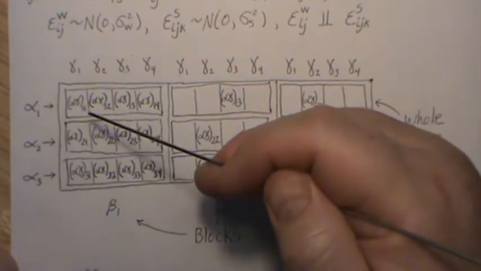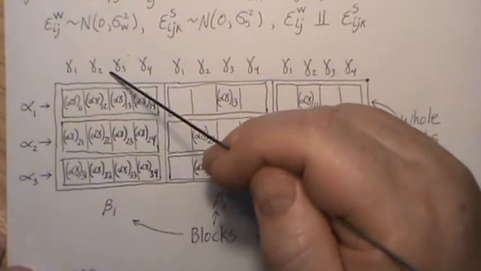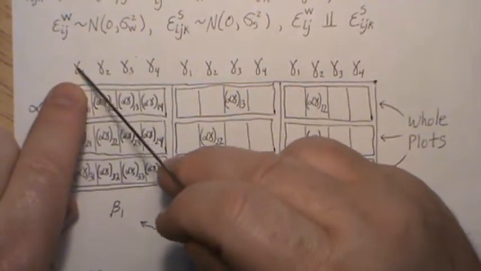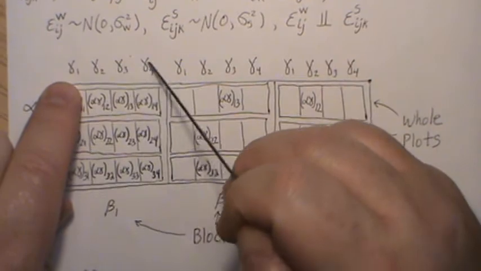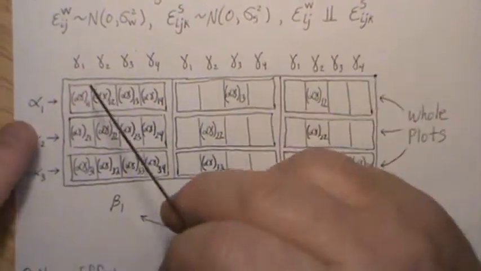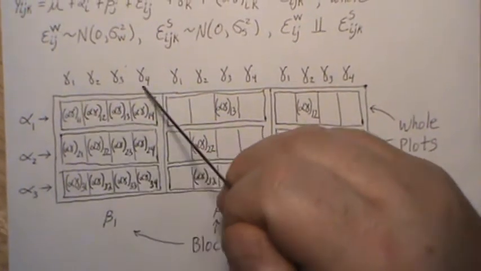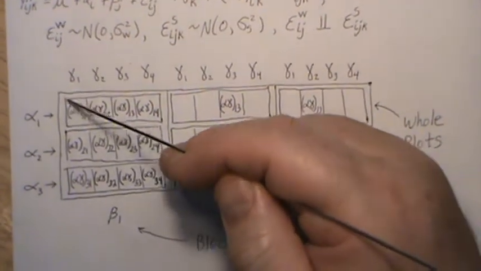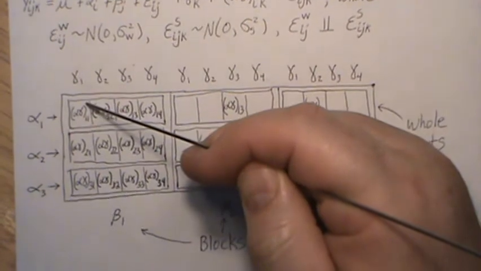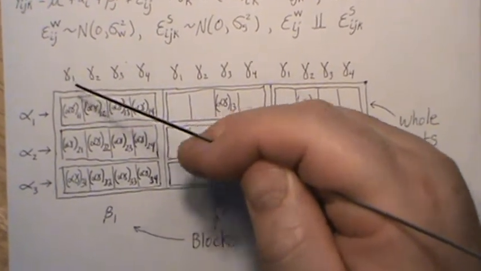Now, when we want to test that there's no gamma effect, this has to equal this, which equals this, which equals this. So it equals something called the mean gamma effect. So these all have to be equal. But this right here is representative of the gamma 1 effect.